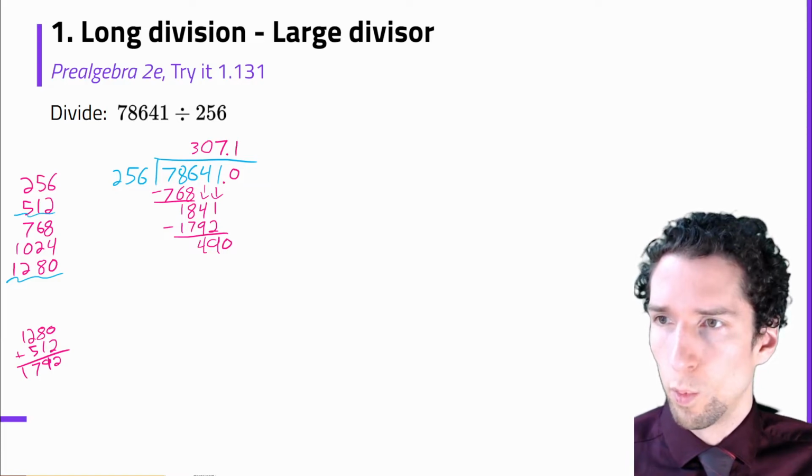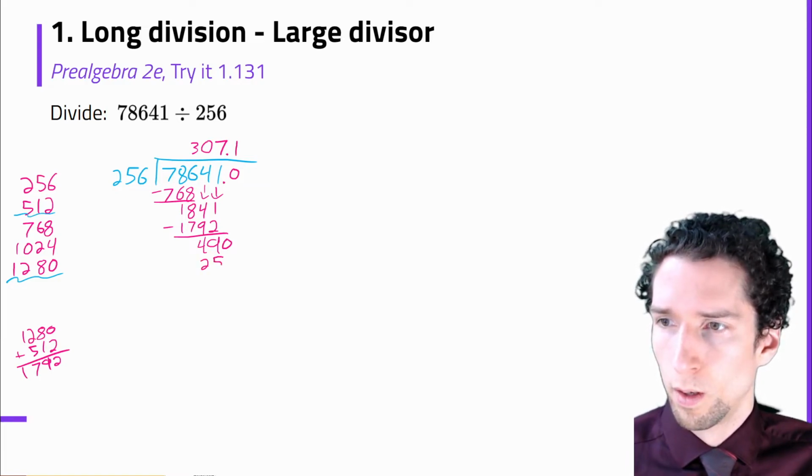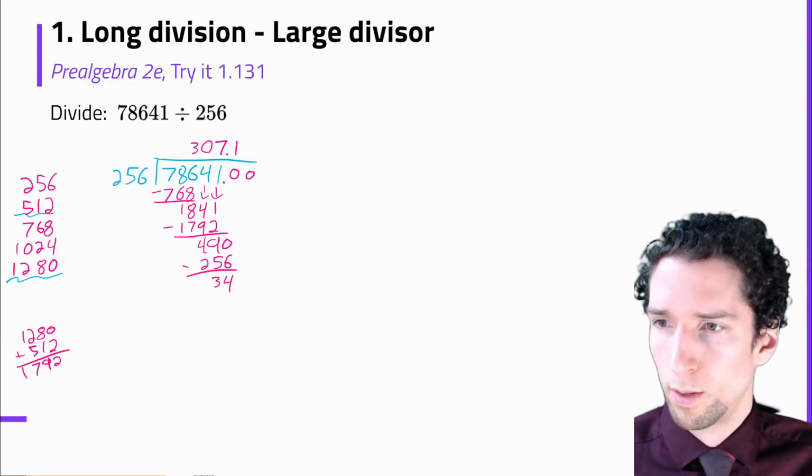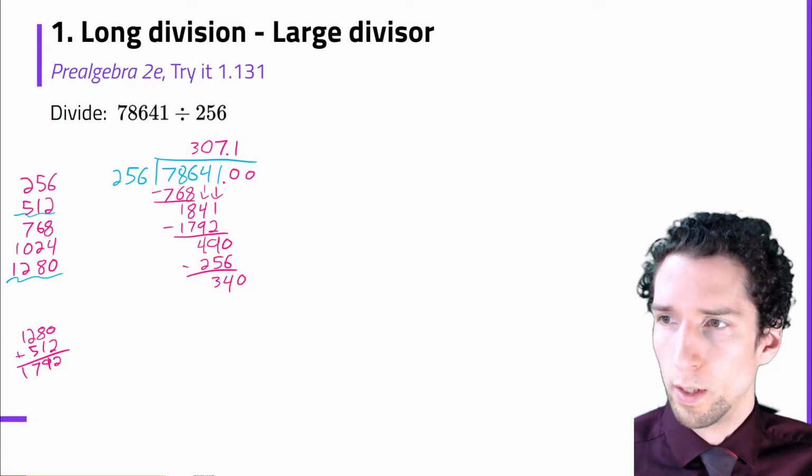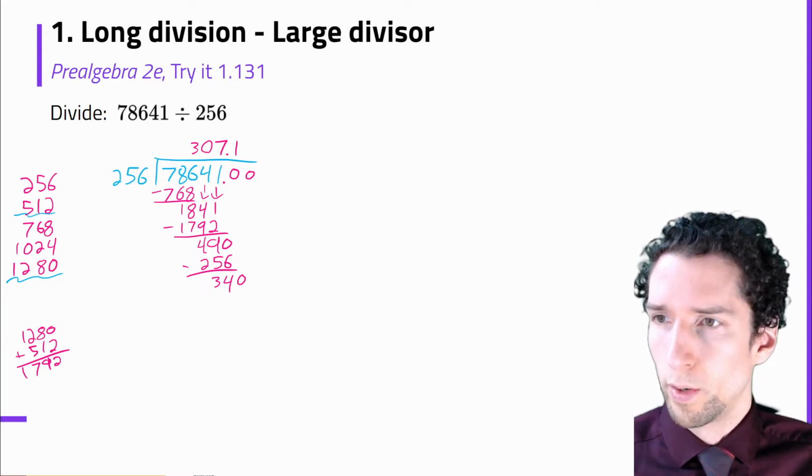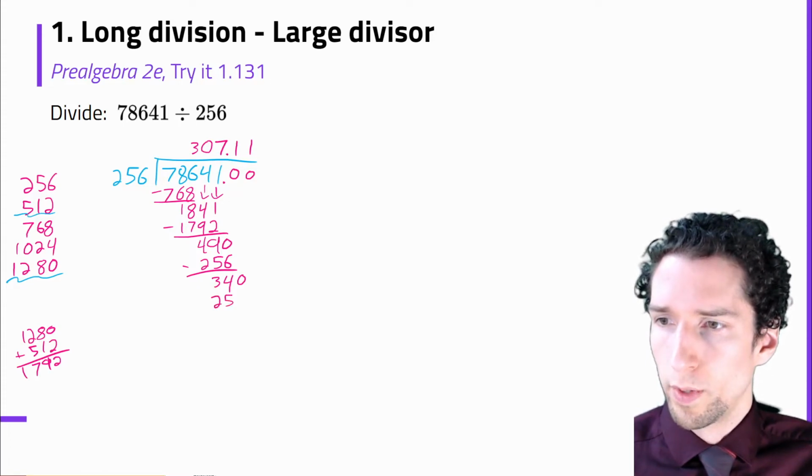That will go in 1 time. 256 into 34. And 256 into 340, that's also 1. 256, and that will be 84.